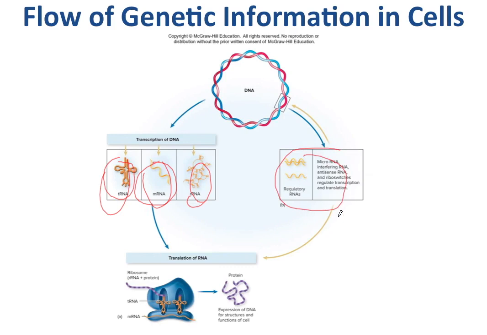Those RNAs can inhibit DNA transcription or inhibit the production of the messenger RNA. For example, microRNA can inhibit the messenger RNA.